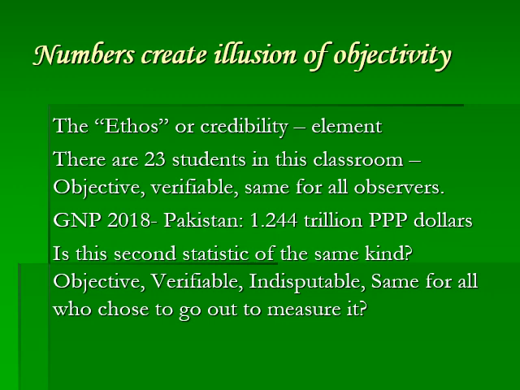Is this second statistic of the same kind? Is this objective, verifiable, indisputable? Anyone who goes to measure it will come to the same number? This is not true. This statistic has a lot of different value judgments built into it, but it has the appearance of objectivity the same as the 23 students. And so this is the illusion.